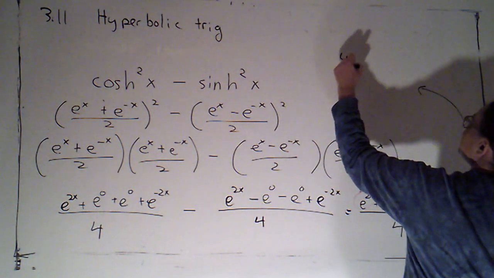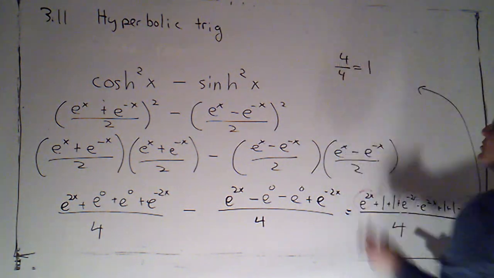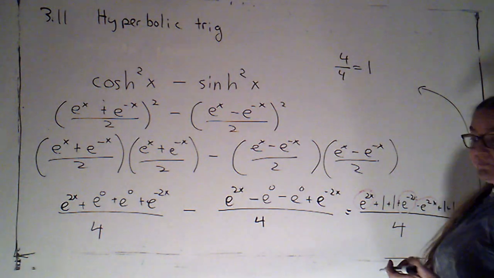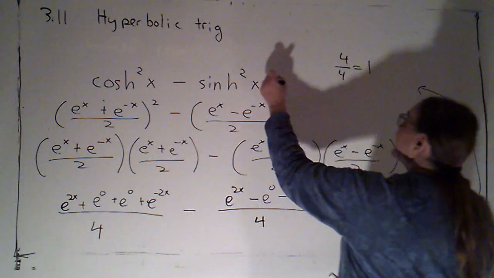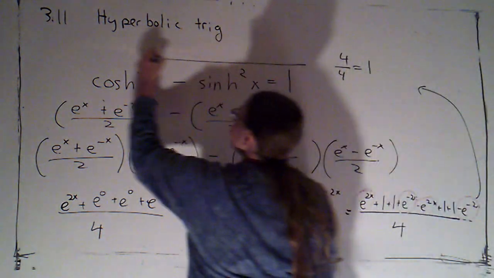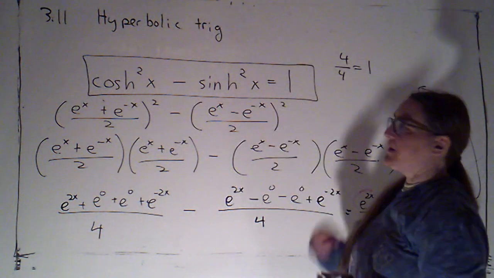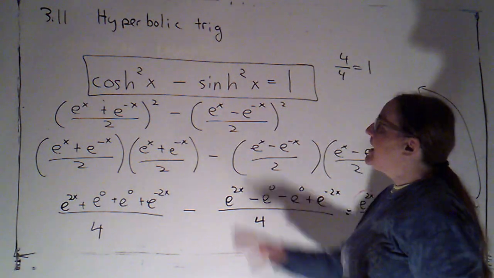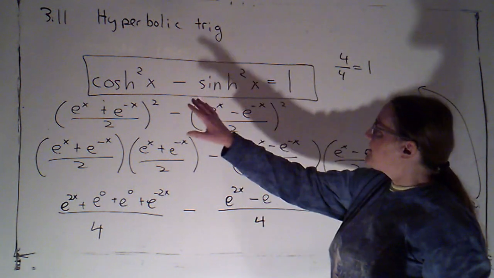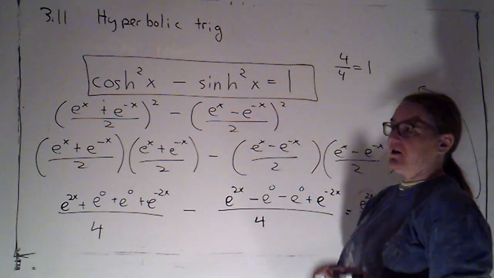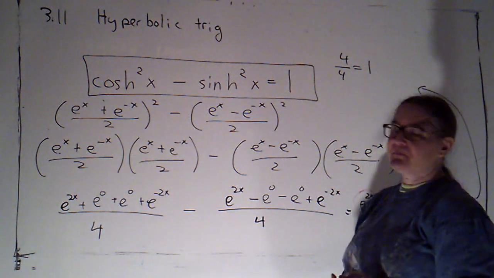So this simplifies to 4/4, which is equal to 1. So our identity is that instead of the sum of these two functions squared being 1, which is true of regular trig, the difference, cosh squared minus sinh squared, is equal to 1.